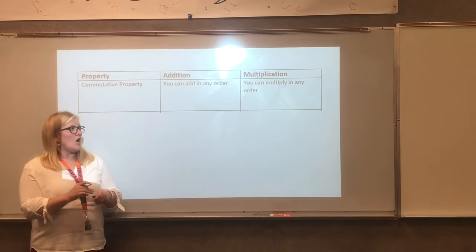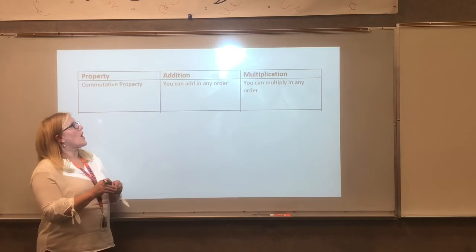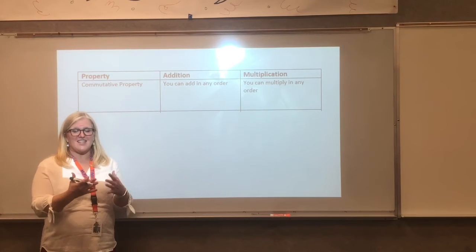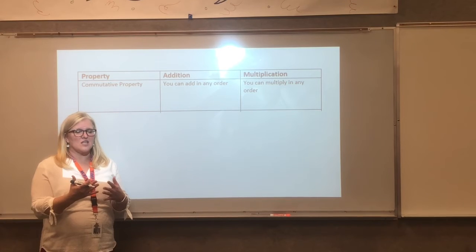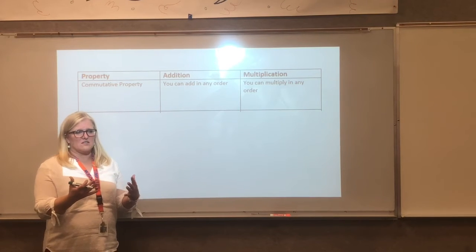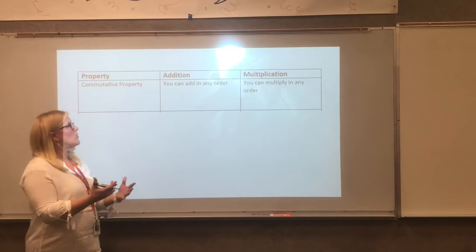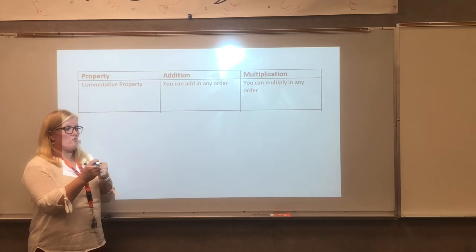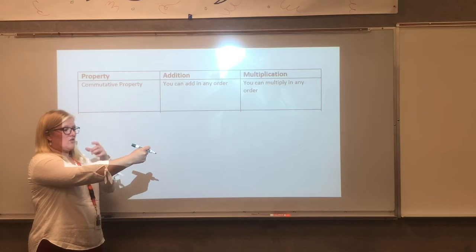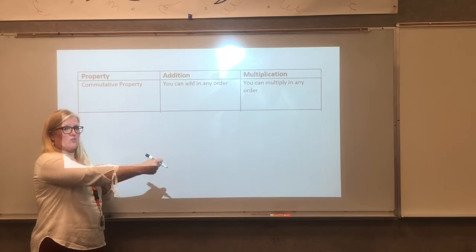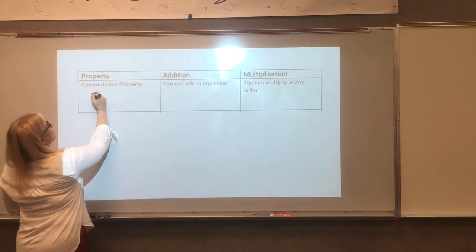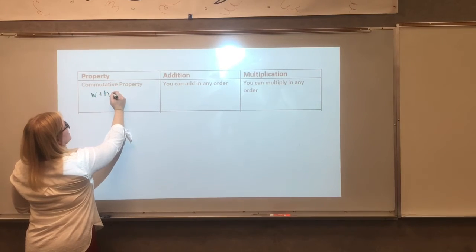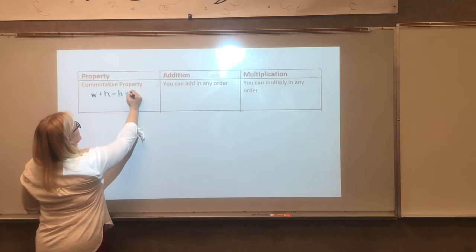Okay, so properties for addition and multiplication are very similar. The identity one is really the only one that's different specifically. So commutative property, remember I talked about this, it's like traveling. You're at home and you've got work, and you travel from home to work and then from work to home. So you could even say work plus home equals home plus work.